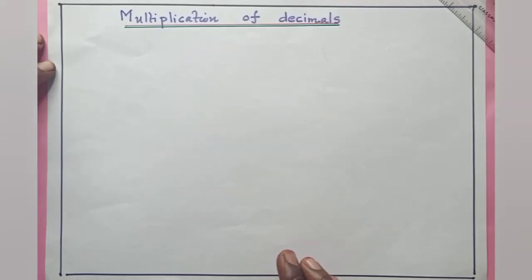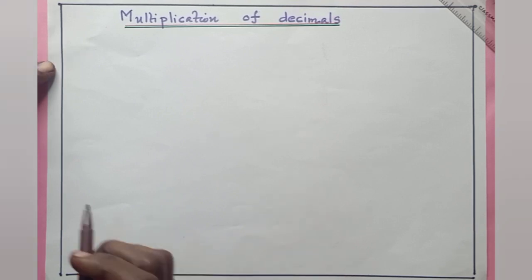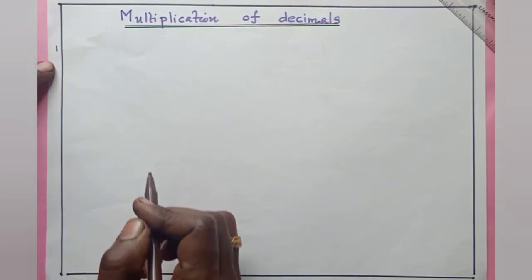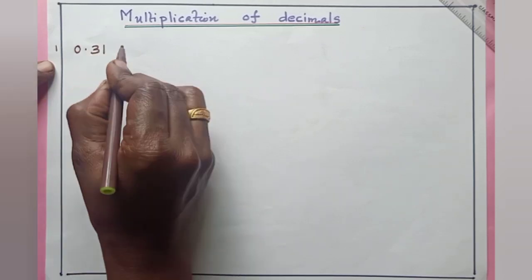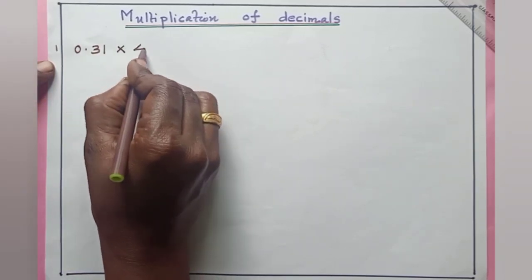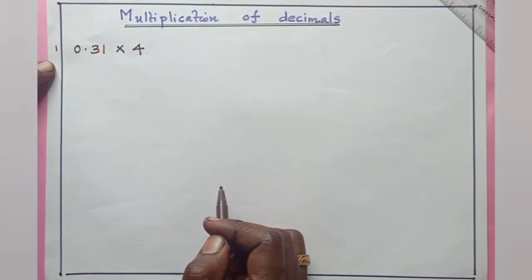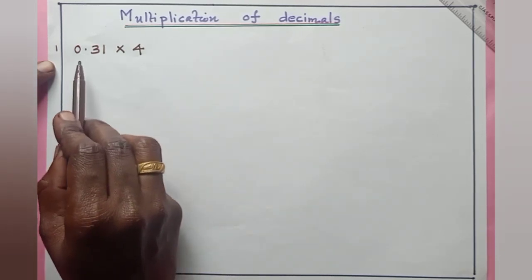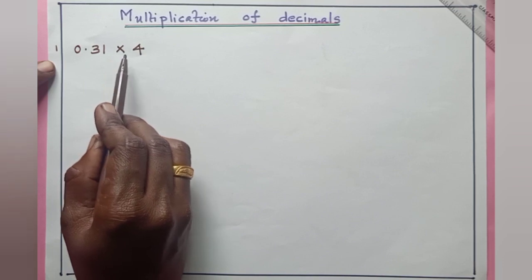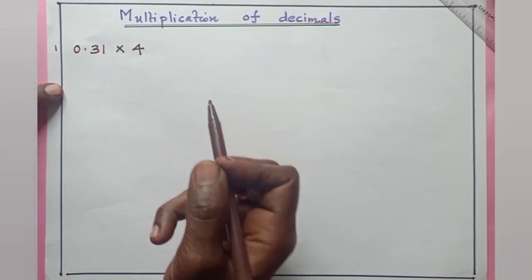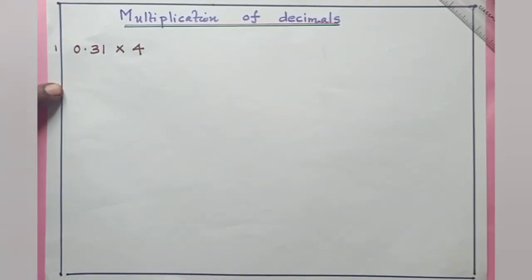Okay students, shall we do the multiplication of decimal with the whole number? Listen, one question: 0.31 into 4. How can we multiply a decimal number 0.31 by 4? Listen to the steps.